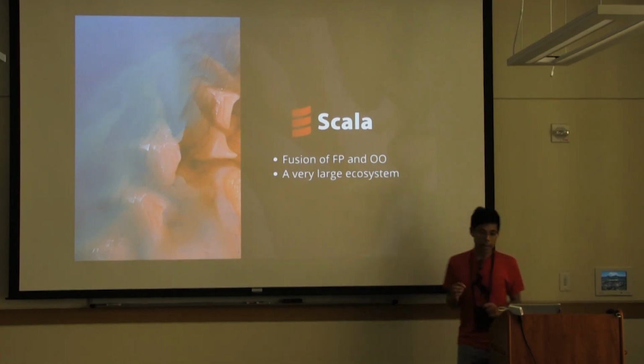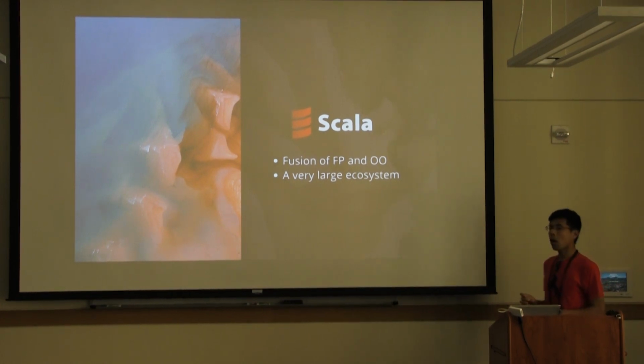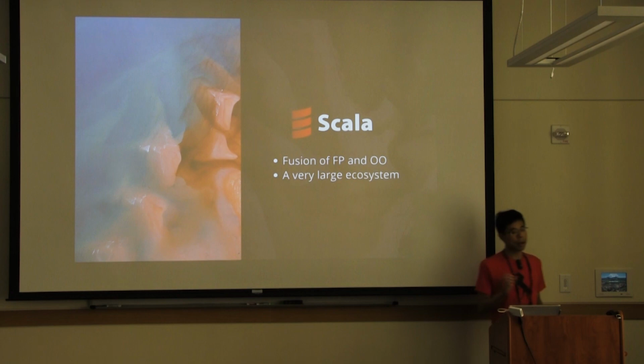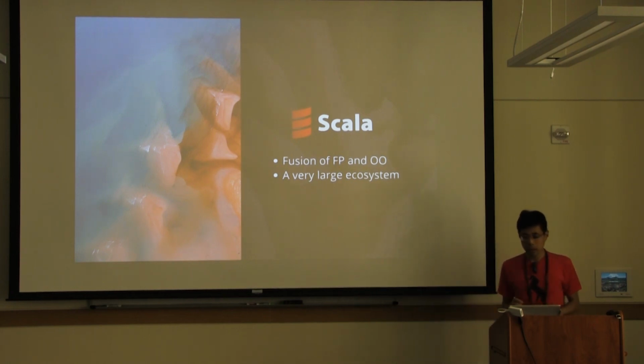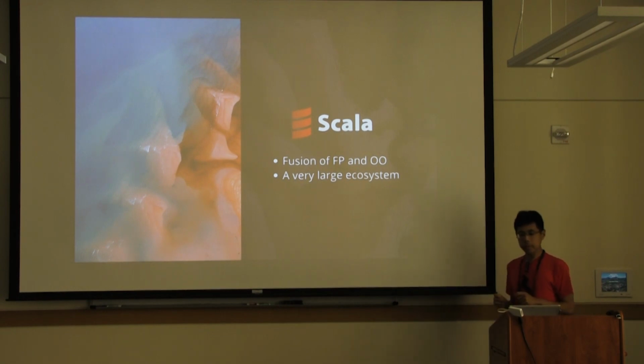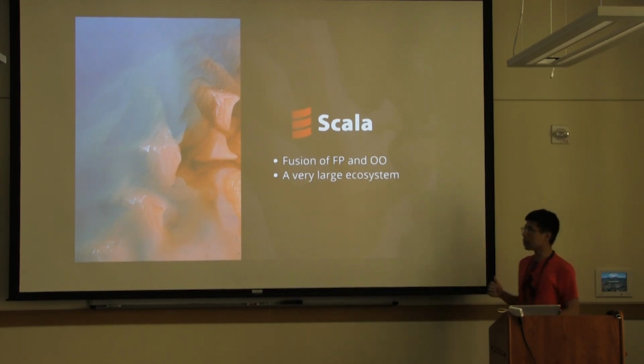But today, we are going to focus on a specific language. We're going to focus on Scala. Scala is a JVM language. It's a fusion of functional programming and object-oriented programming, and it is oriented towards practicality. Also, it has a very large ecosystem. This ecosystem contains 3 major categories of tools. The first category is PureFP tools.